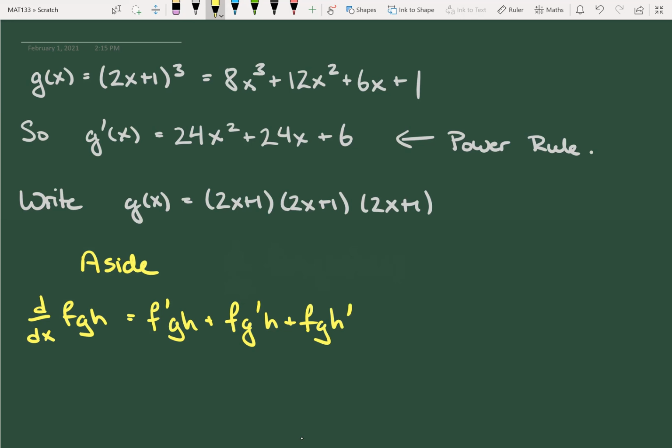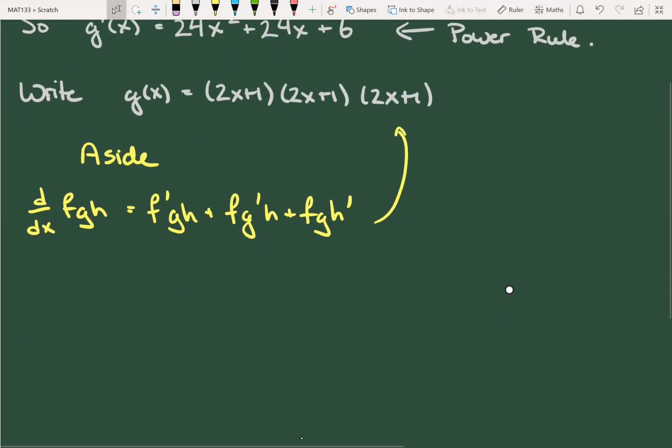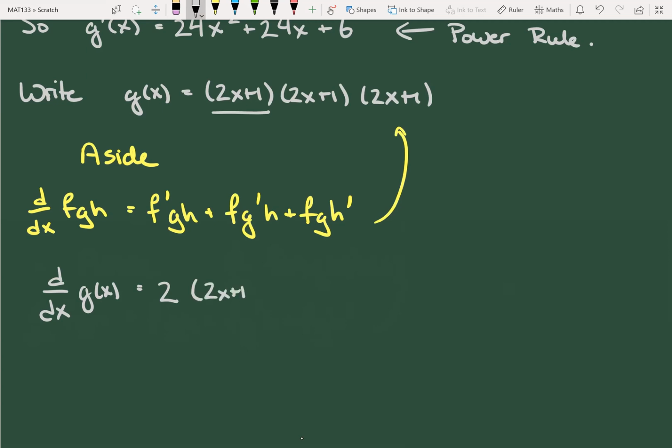So knowing that, now we could apply the product rule to this function, but f and g and h are all exactly the same function, right? They're all 2x plus 1. So if we product rule g of x, we'll get the derivative of the first function, which is just 2 times g times h. And then we will do the derivative of the second function, right?